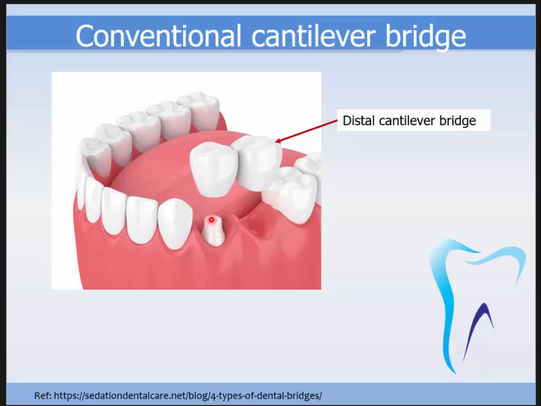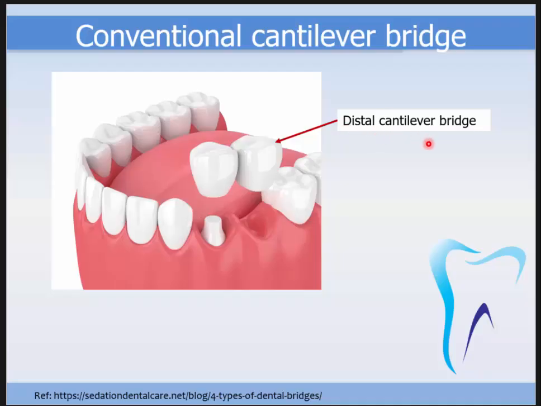Only then do you construct a cantilever bridge and cement the bridge on top of the abutment. So in this case, because the tooth that you're going to replace is distal to the abutment, that's why we call it a distal cantilever bridge.